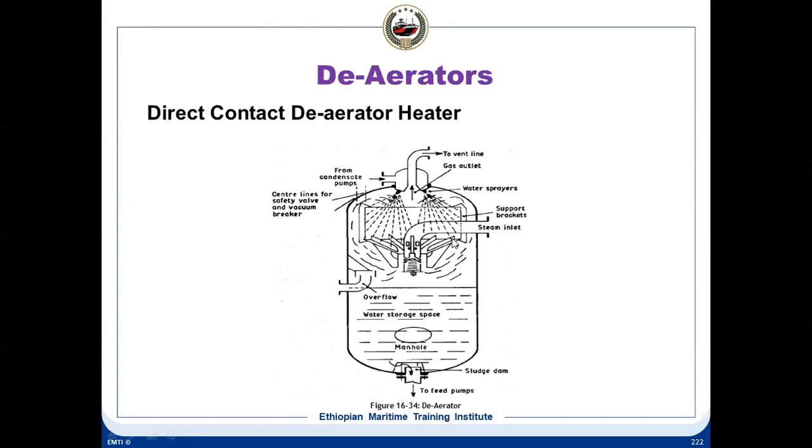The small amount of oxygen that still remains in the condensate after the deaerator is dealt with by chemicals, for which we do boiler feed water treatment, for example hydrazine hydrate.